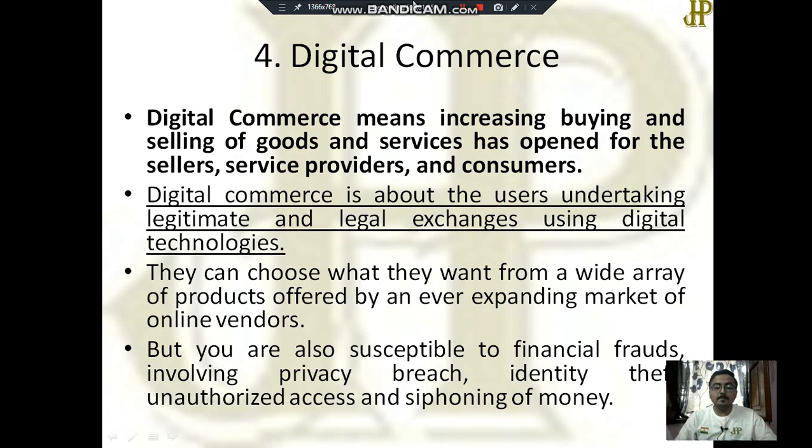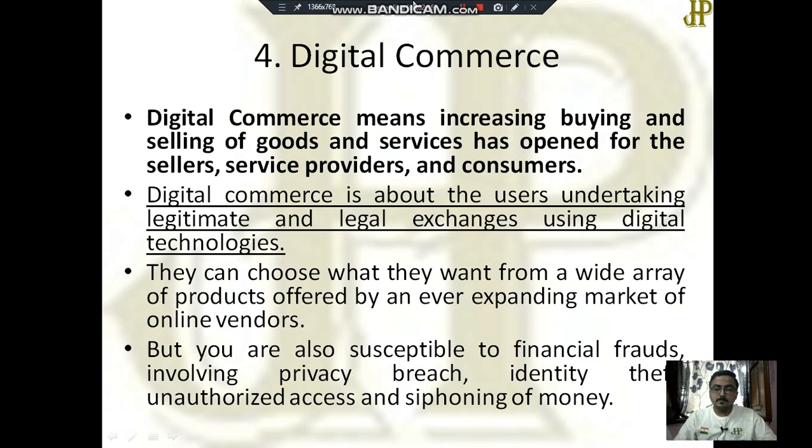But in an online market, the site gives a lot of related products to view, to analyze, and after that to make a decision to purchase. This is called digital commerce.